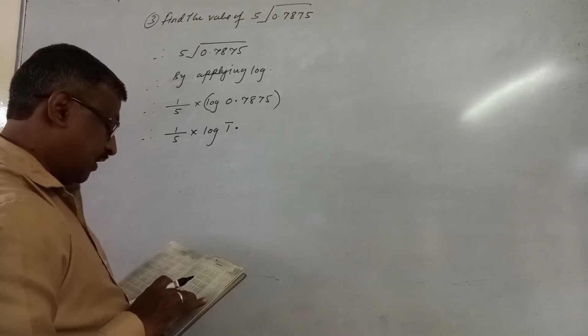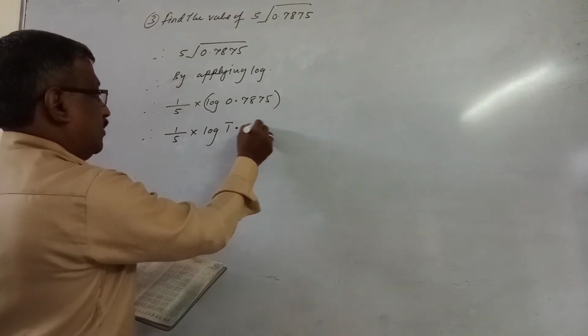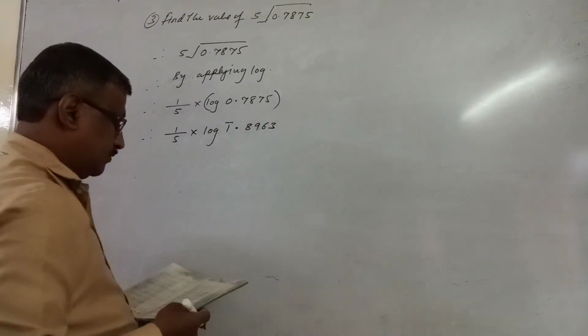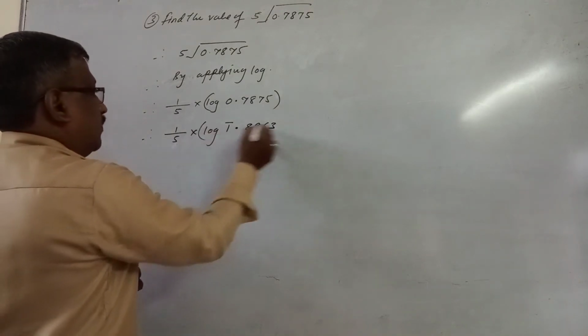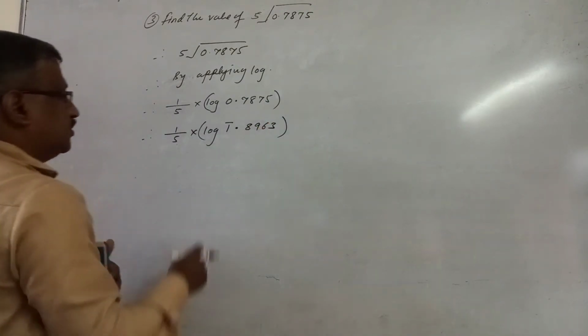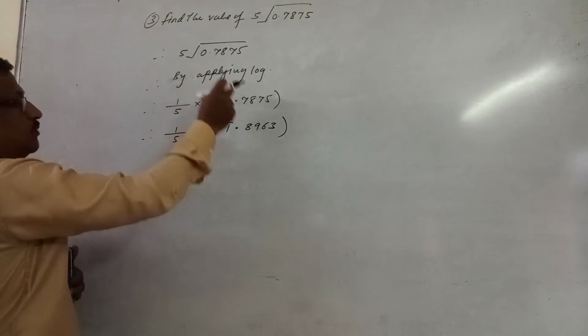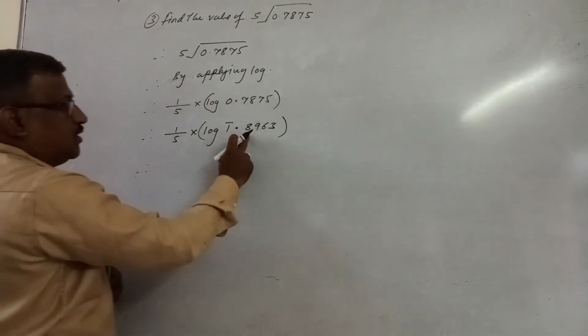So add that, and you will get 8963. So bar 1.8963 is the logarithm of this number, and now you have to divide this.